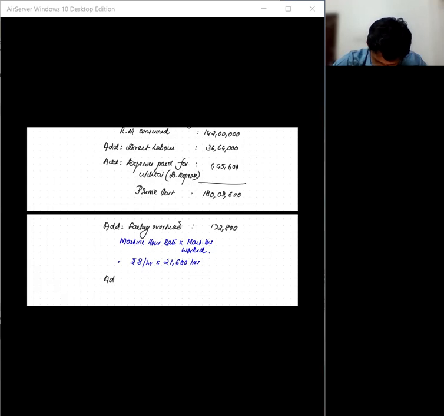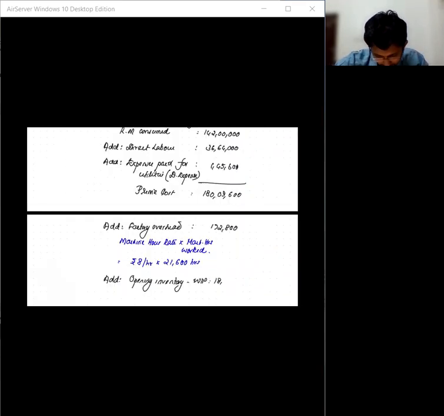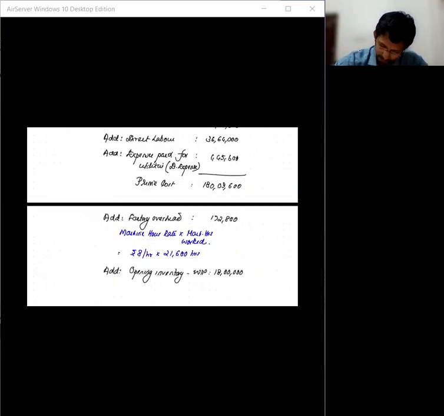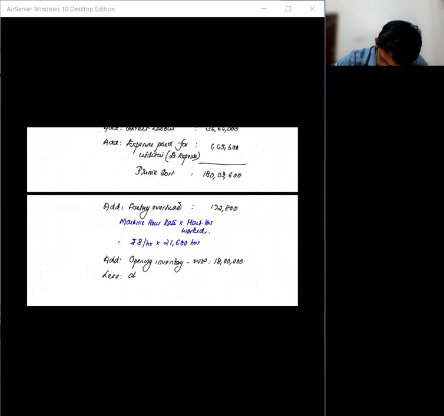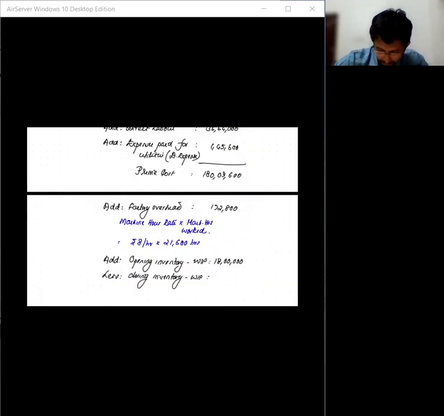You have to add opening inventory of work in progress. Opening inventory of WIP is 18 lakhs. Then less closing inventory of WIP. That is also given to be 16 lakh 4,000.